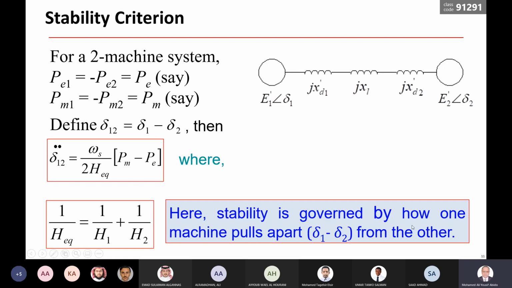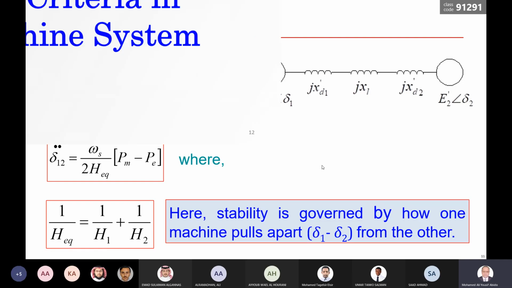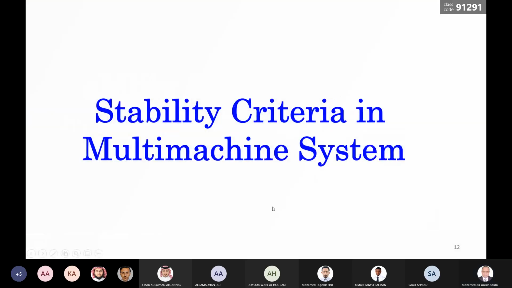So the stability is governed by how one machine pulls apart from the other, delta 1 minus delta 2. What governs the stability here is delta 1 minus delta 2, the difference between delta 1 and delta 2.